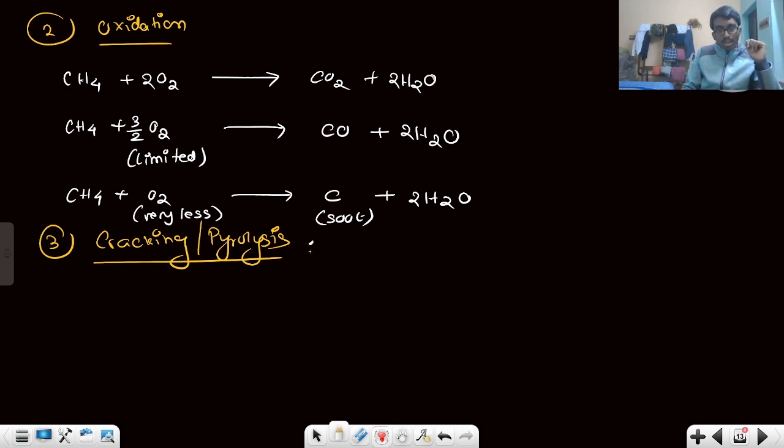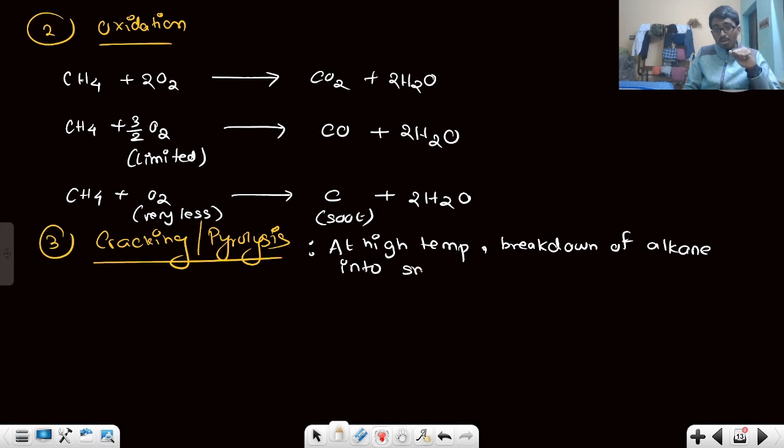So write down, cracking or pyrolysis is at high temperature, breakdown of alkane into smaller alkanes and alkenes. Alkenes can also form, it's not only alkanes that will form. So at high temperature, breakdown of alkane into smaller alkanes and alkenes will be called cracking or pyrolysis.